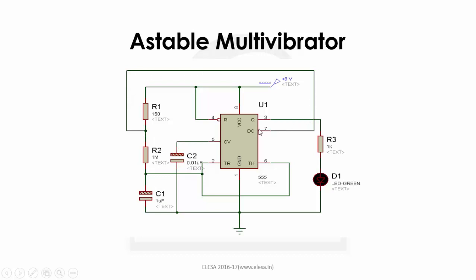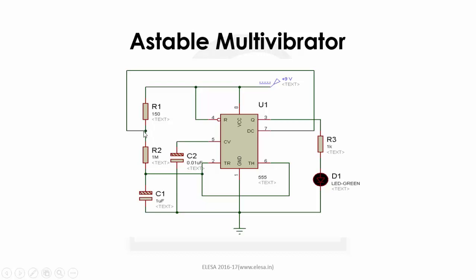But since the output of the upper comparator is still low, the flip-flop output experiences no change. But when the capacitor is charged to a voltage above 2/3 of VCC, the upper comparator output becomes high, which in turn resets the flip-flop, and the output of the 555 IC becomes low.